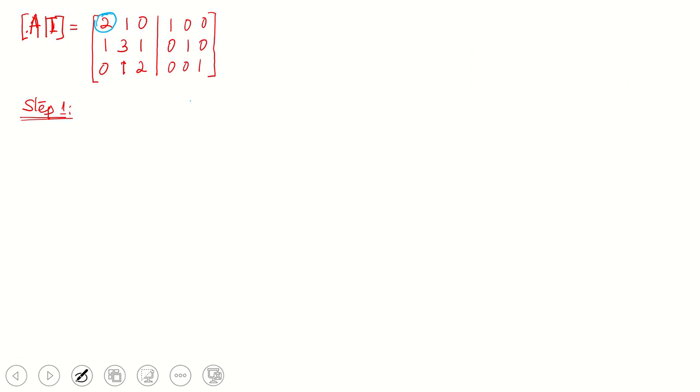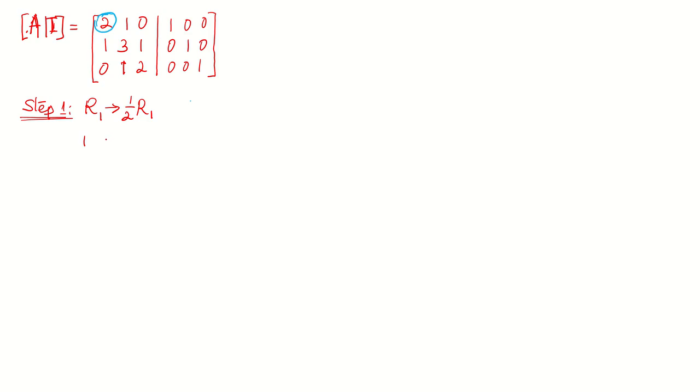What do we do to make that pivot element become 1? We are going to perform a row operation by multiplying the entire row 1 by a half. So step 1, I'm going to multiply row 1 by 1 over 2 to make the first pivot element 1. When we multiply 2 by 1 over 2, that will give 1.